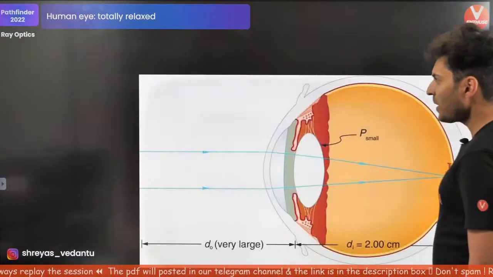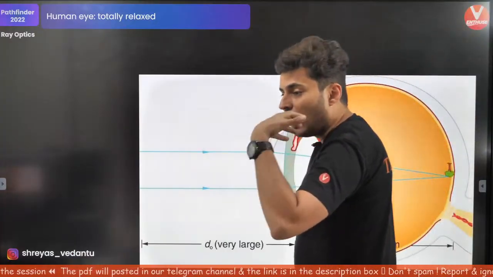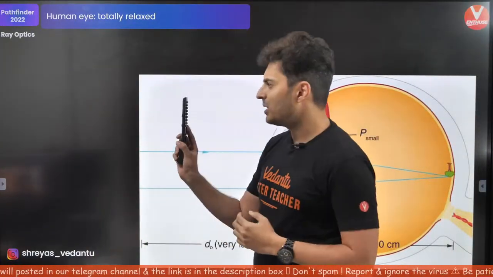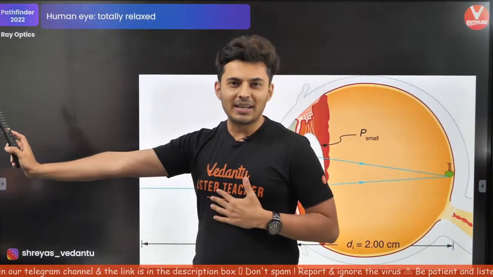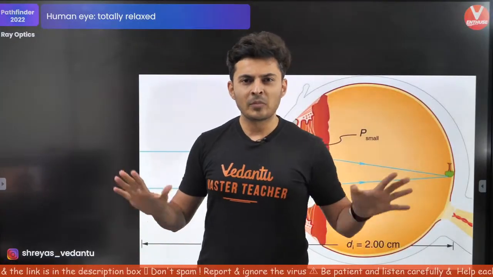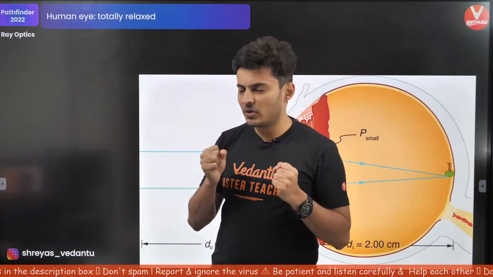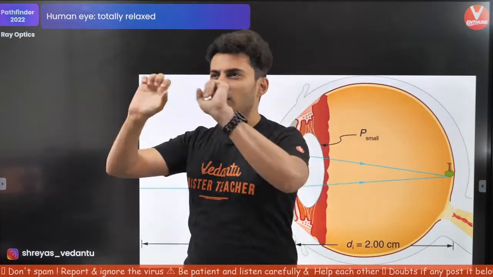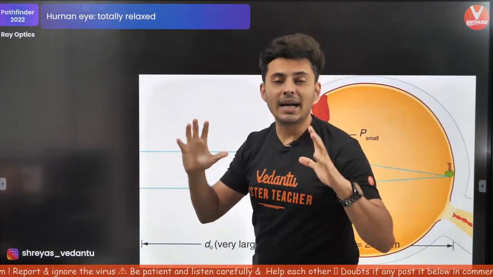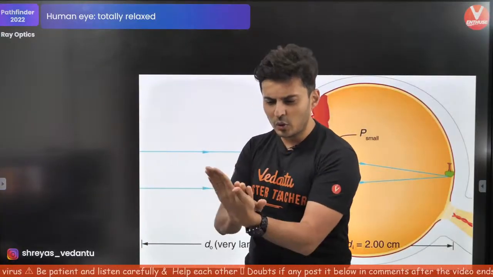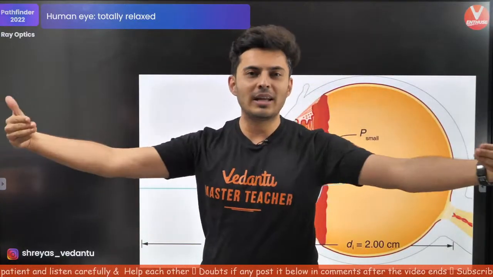Understand that. Okay. Now, the other thing which happens with the eye is when you take the object far away, then the eyes become relaxed. That's why they say when you're watching something continuously, make sure that you close your eyes, do some eye exercise, look at something far away. Because when you are looking at something far away, your eyes are relaxed, and you do not want your eyes to be strained when you are glued to your mobile phone or your laptop screen.